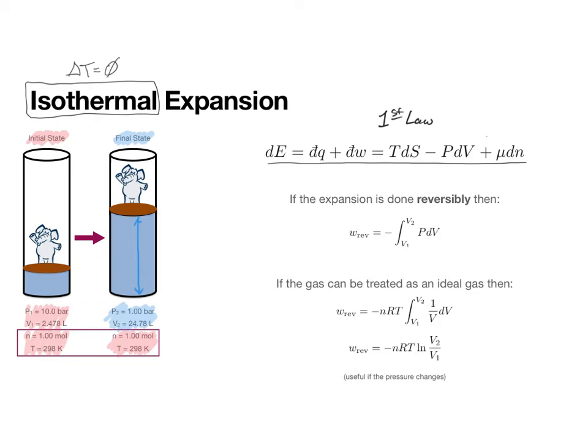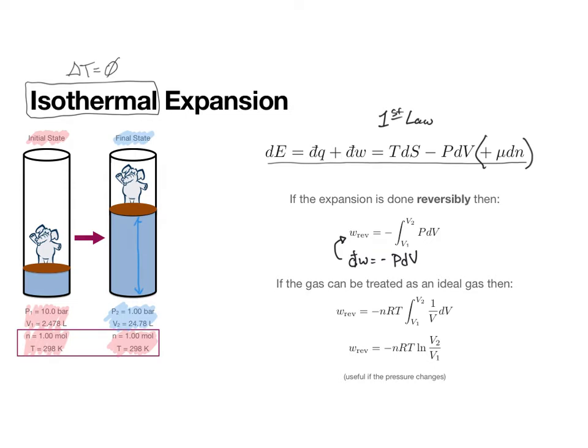And I'm going to put this plus mu dN in parentheses. If the work is done reversibly, then we know that this dW is equal to negative PdV. And if we do this reversibly, we can get rid of these differentials by integrating both sides, and we find that work reversible is equal to the integral of negative PdV.